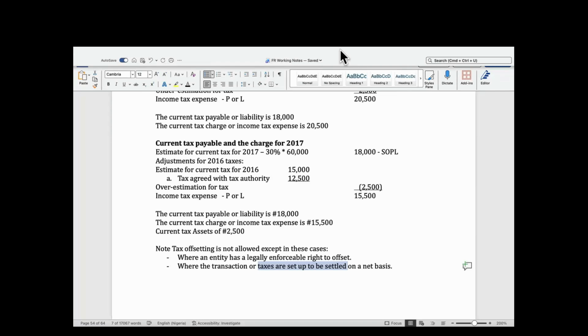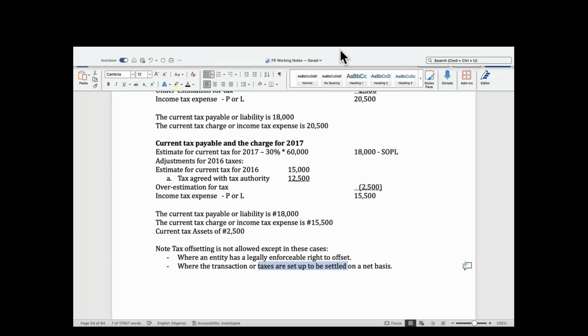Or you want to get net realizable value, where you do sales minus cost to sell. Or you want to determine gain or loss on sale of an asset, where you compare the sales proceeds with the carrying amount. Those ones are not offsetting. Those ones are just determining measurement.